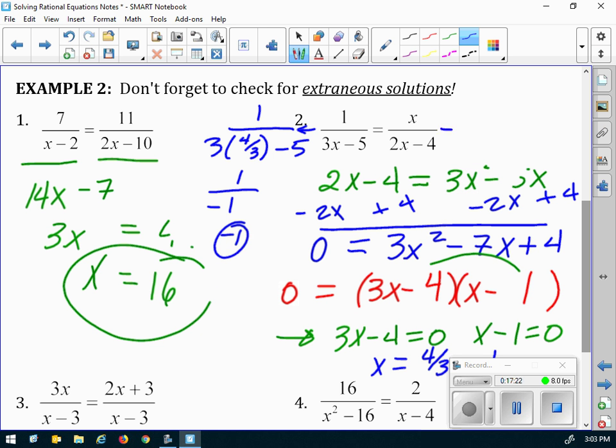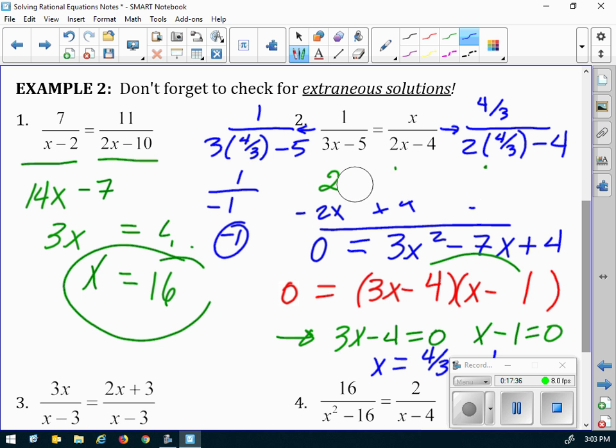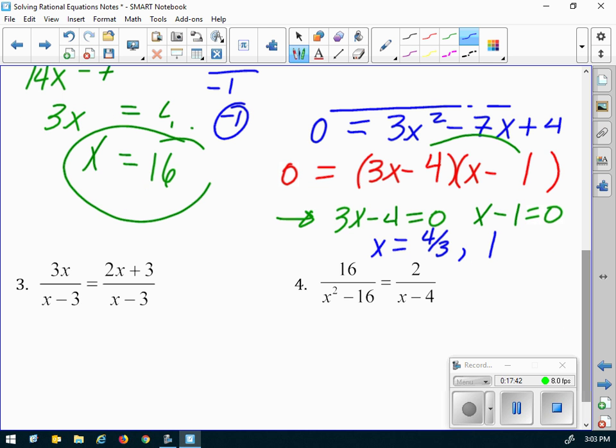If x is 4/3, this side is going to look ugly. -1 also. So 4/3 works.